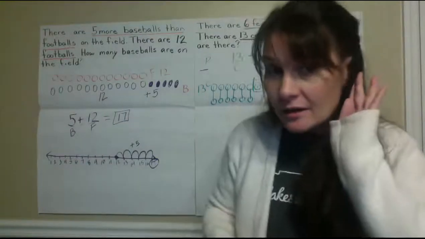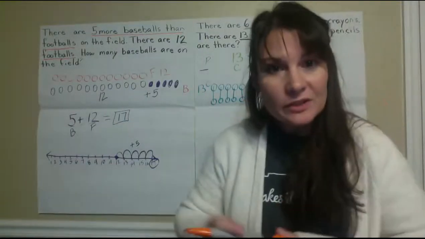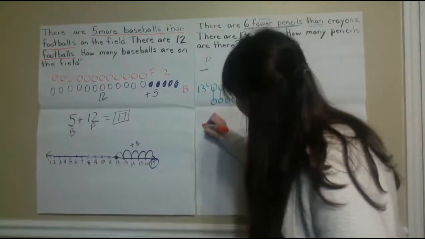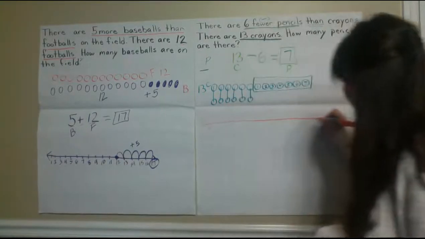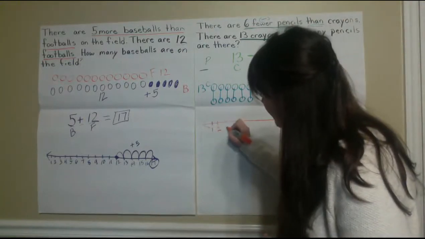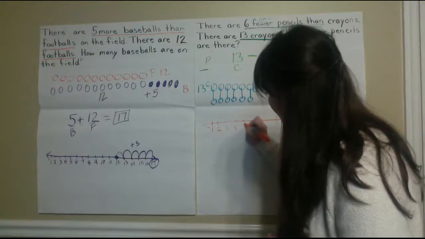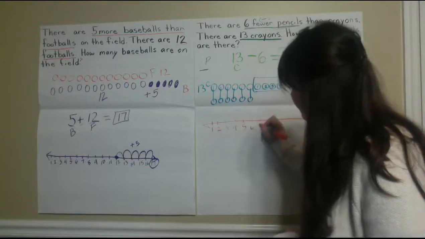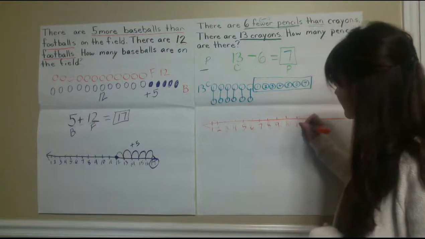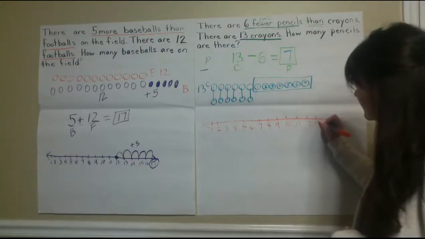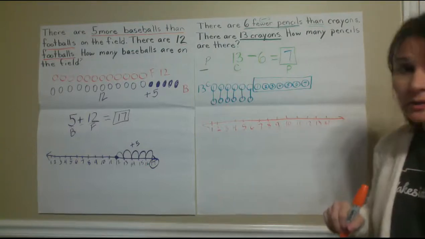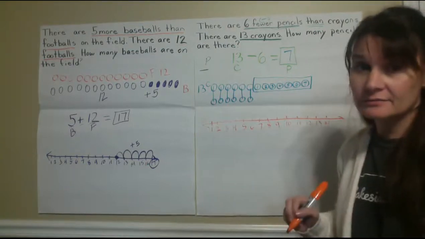Ooh, I heard someone use another strategy. I heard someone say, well, we can use a number line. You're exactly right. Number lines are great ways to show comparing as well. So how many crayons did I have?